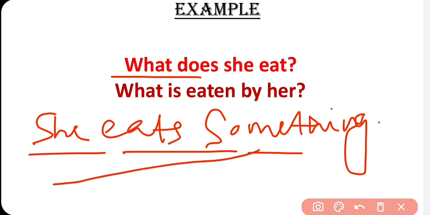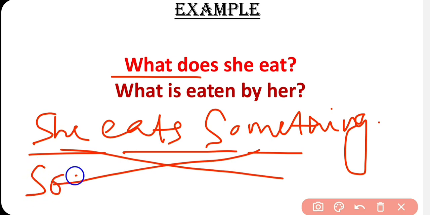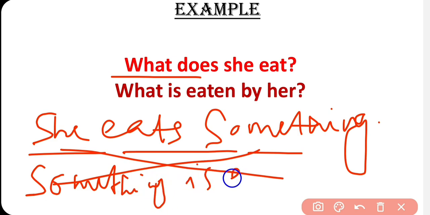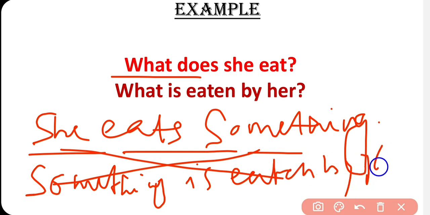Passive form. It will be the passive form of this sentence, that is something is eaten by you. Something is eaten by you. So this will be the passive form of this assertive sentence.